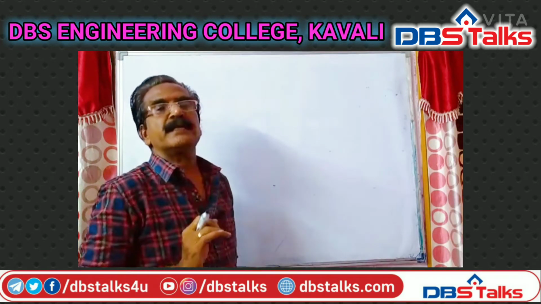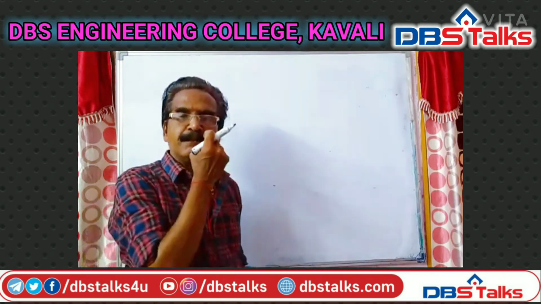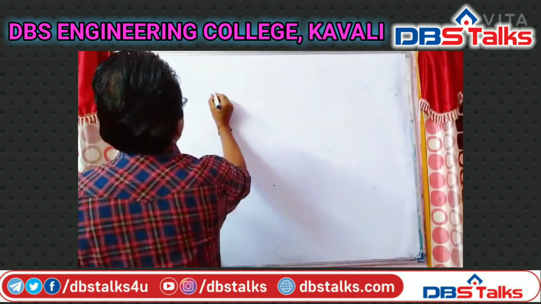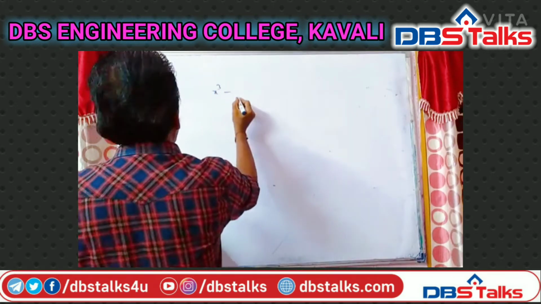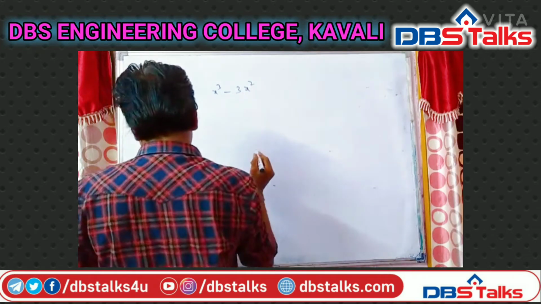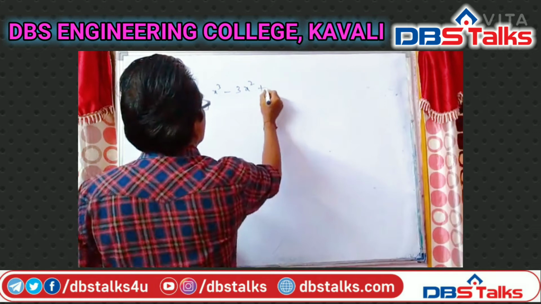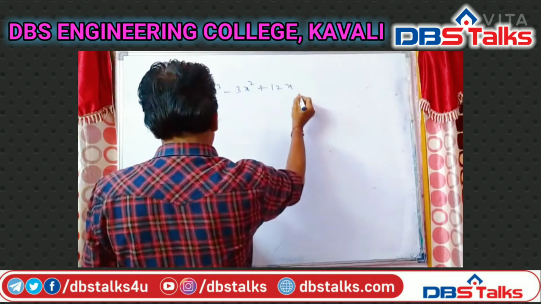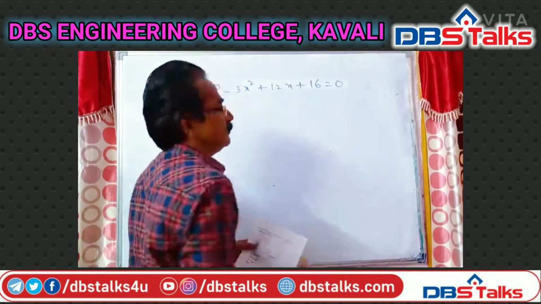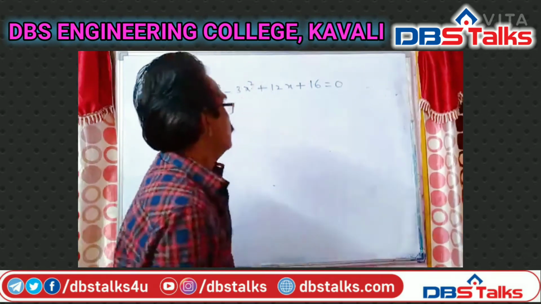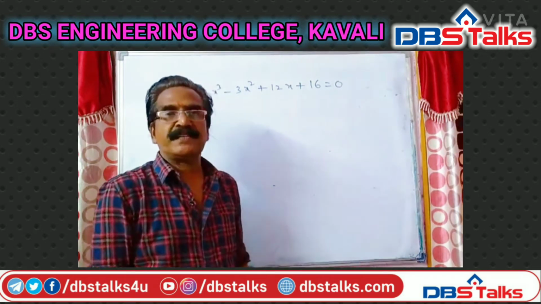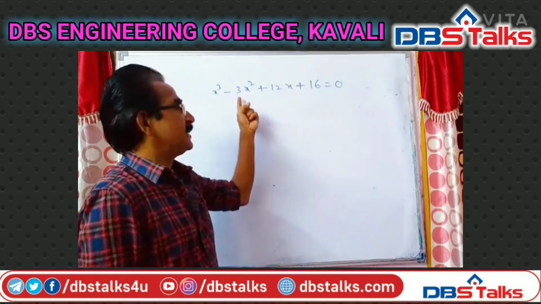By removing the second term of the polynomial x cube minus 3x square plus 12x plus 16 is equal to 0. So the transformed equation by removing the second term.